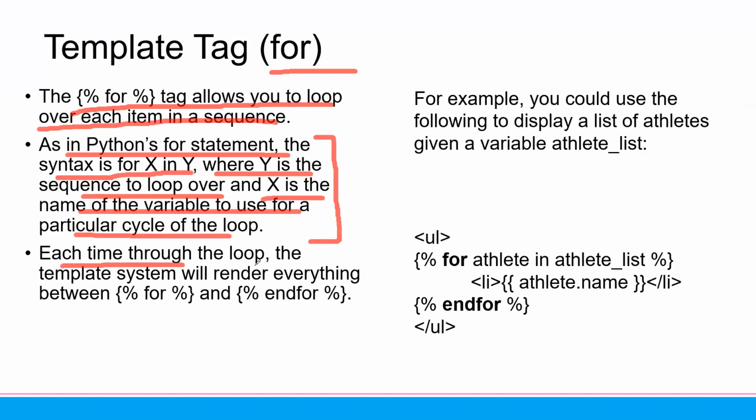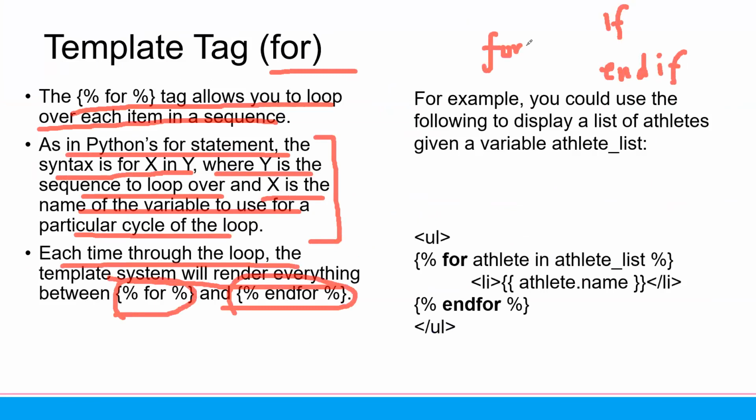So each time you go through the loop, the template system will render everything between for and end for. So if you have the if, you need to end it with the end if. If you have for, you need to end with end for.